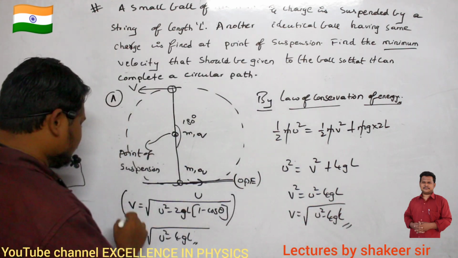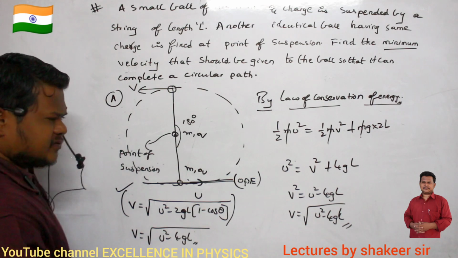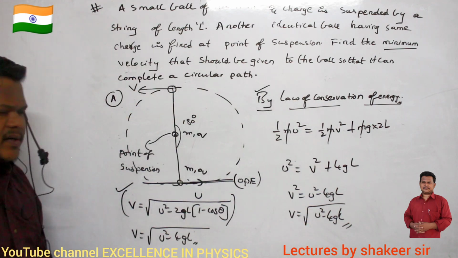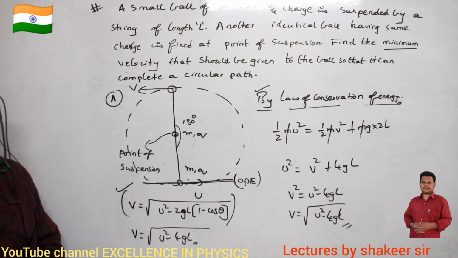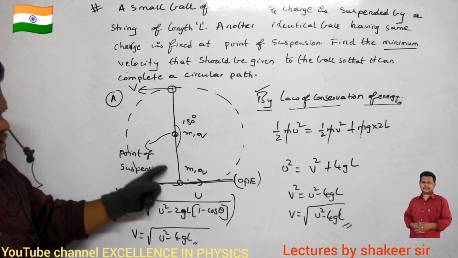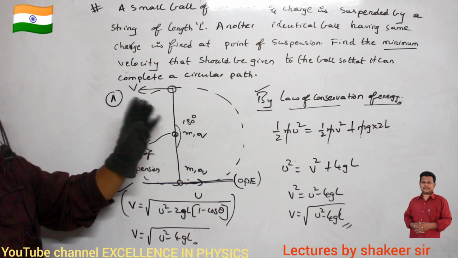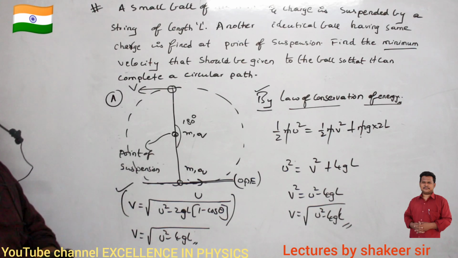So directly by using this equation, or just by using the law of conservation of energy, we can calculate the final velocity. So I got the final velocity after reaching an angle of 180 degrees. Up to here I got the relation, but I still did not get the answer.